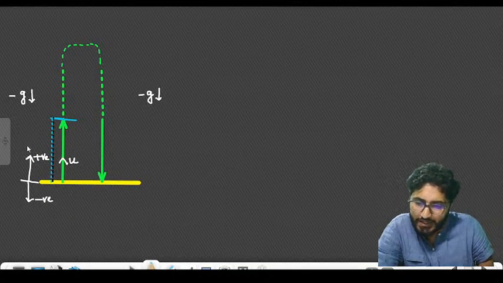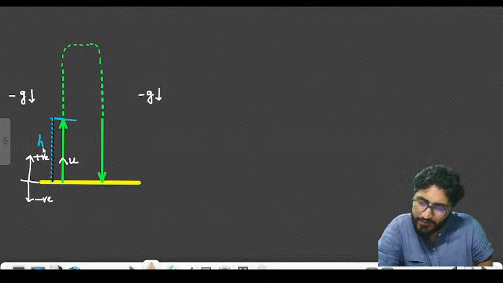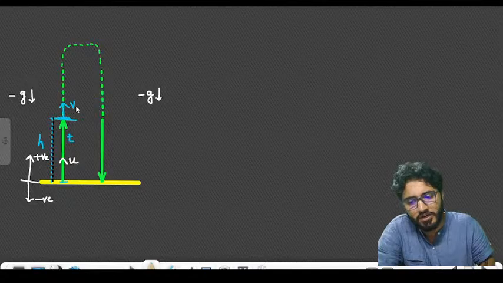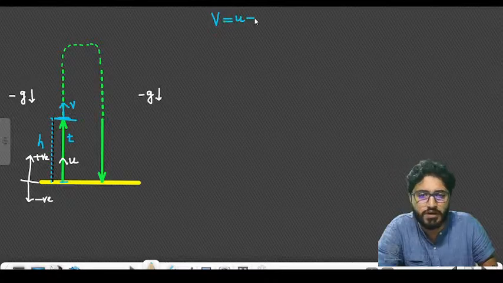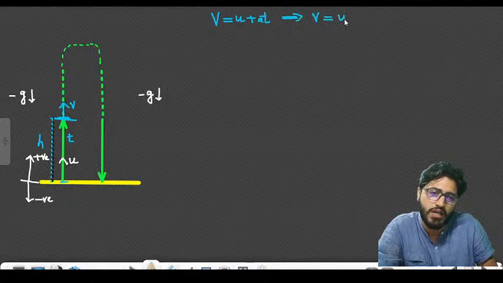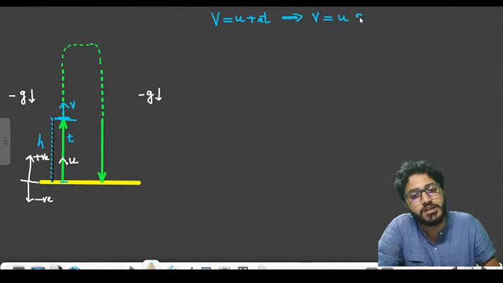Let us suppose the height is h. The time taken by the particle to go from the starting point to this one is t, and the velocity at this end is v. Done? So what equation do you need to write? The first equation is v equals u plus at. Now I rewrite it: v is v, u is u, and instead of a I write g, but g is negative, so v equals u minus g t.